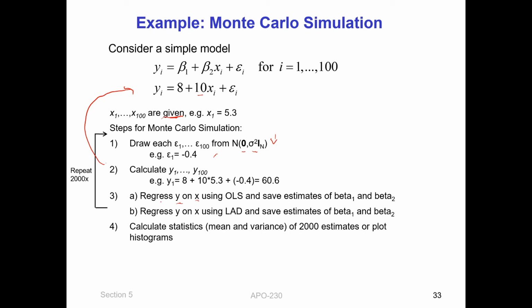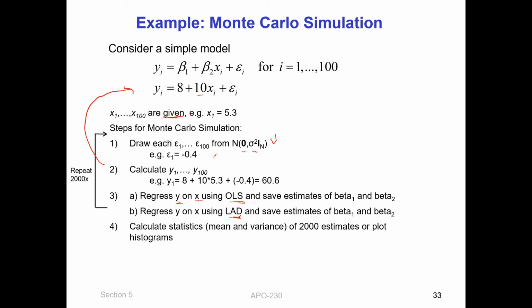And then we could do the regression of this created y on x, once using OLS, and the other using least absolute deviation estimator. So it's another linear estimator, but instead of using the square distance from the observation to the line, it's using the absolute distance.